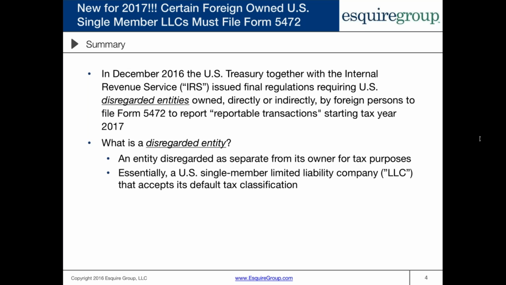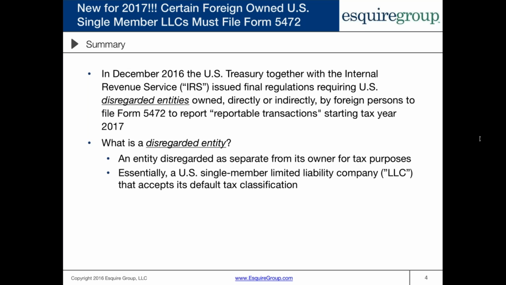The LLC itself wouldn't file an income tax return. You, as the owner of that LLC, would file an income tax return to report those income and expenses. Hence, the disregarded entity is disregarded for tax purposes.